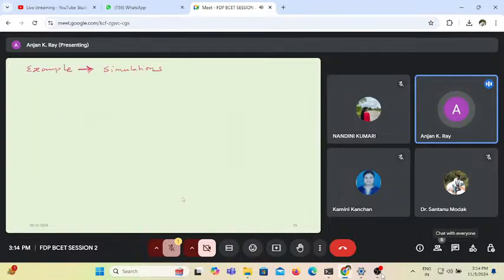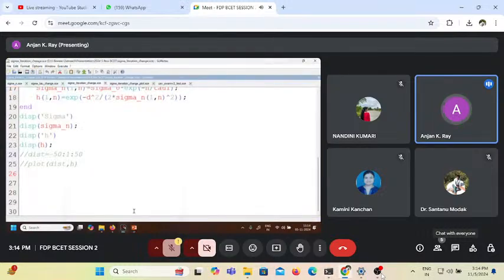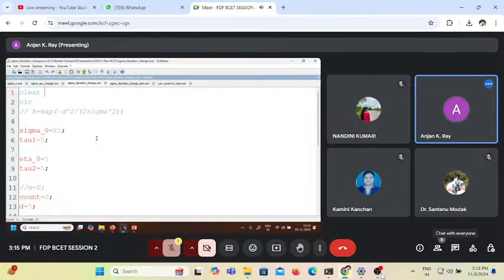Now, simulation. I want to show you a few simulations or implementations for this. Let us consider this is an implementation. I used an open access platform, Scilab, for this implementation of the neighborhood function.